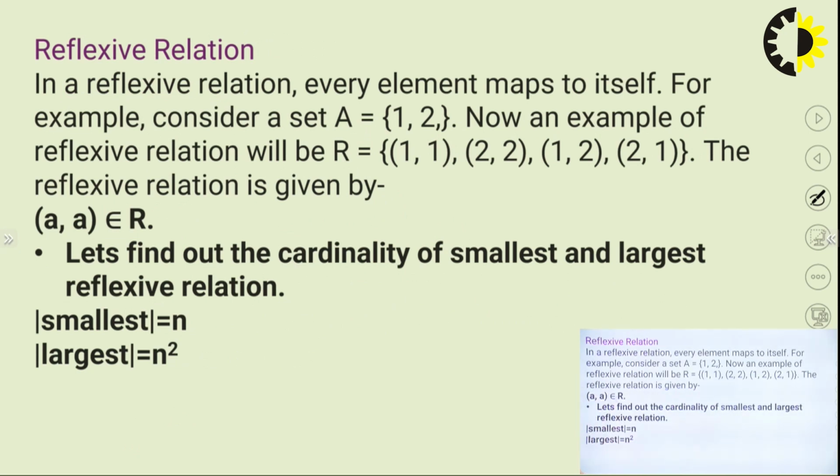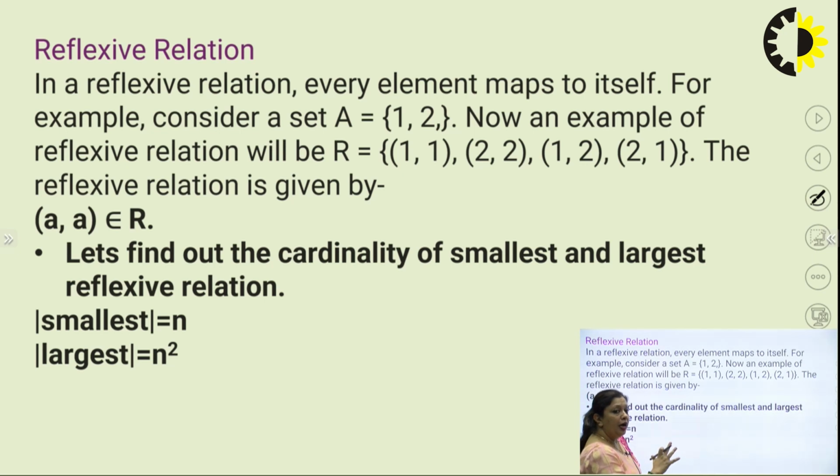Now the next type of relation is reflexive relation. In a reflexive relation, what happens? We can say that a relation is reflexive if it contains the diagonal elements. It should have the diagonal elements, although it may or may not have any other elements. So if I have a set A which contains 2 elements, 1, 2, it should have at least (1, 1) and (2, 2) for this relation to be reflexive.